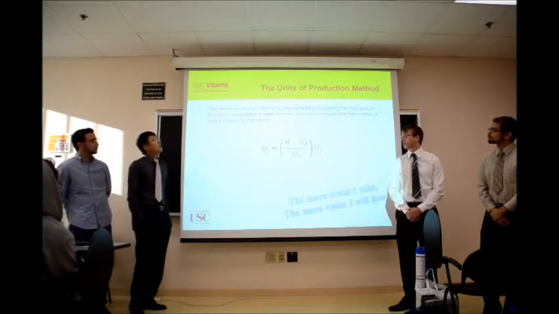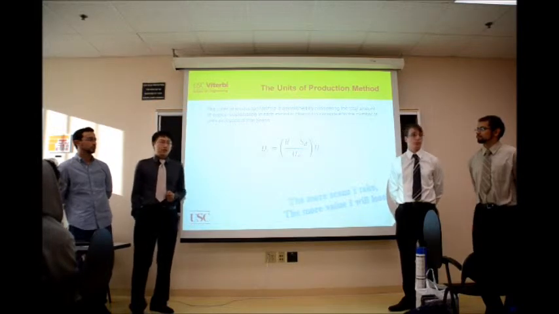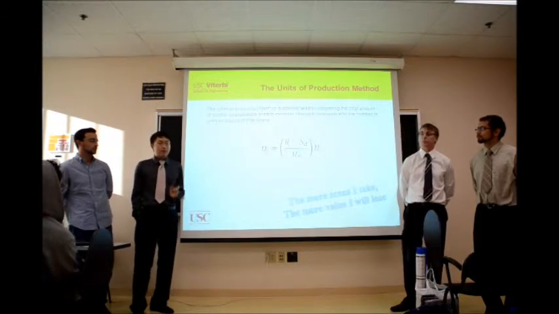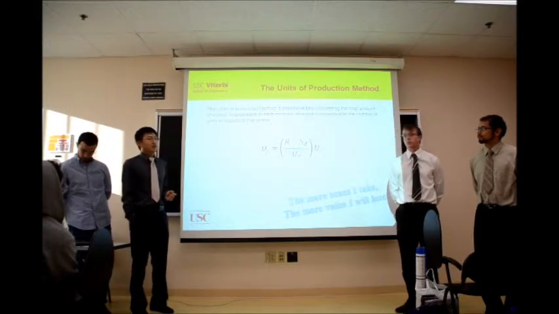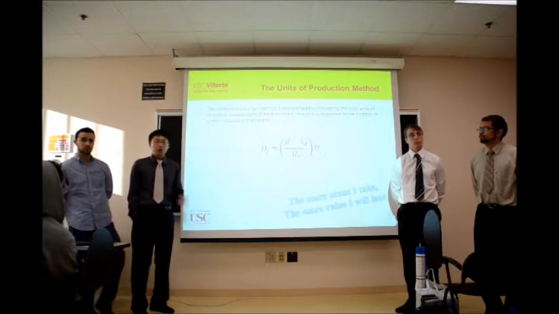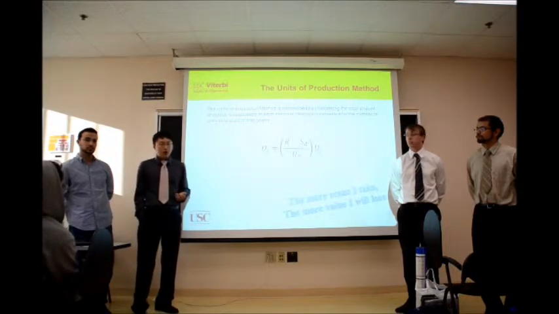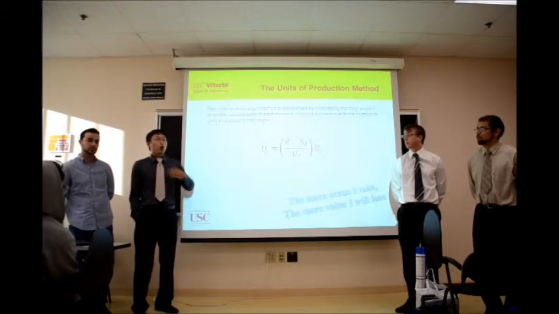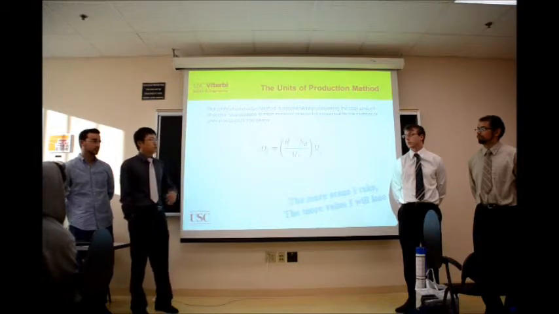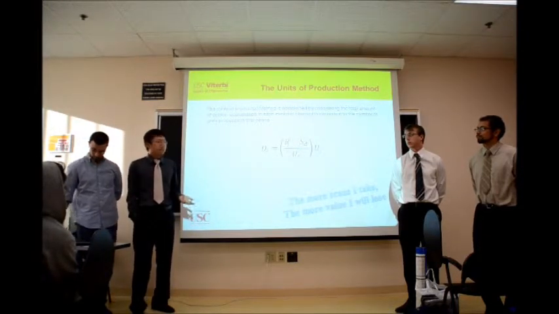And another method is called the unit of production method. In this method, another very important factor considered is the total output through the whole service years. For example, if you are using a machine, the machine has its own output. For example, if we use SEM for research, we take scans.